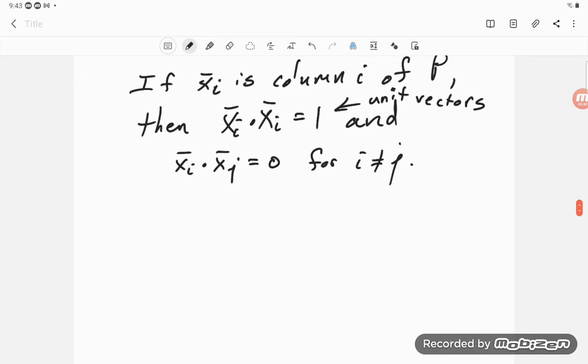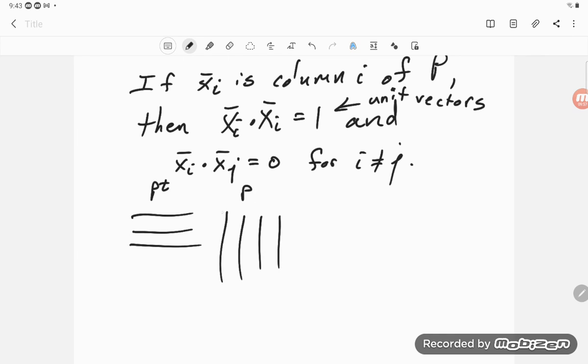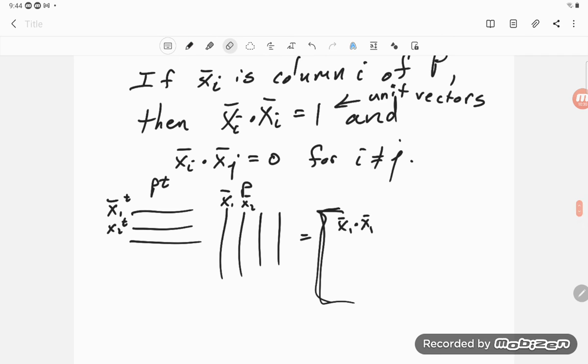And the proof of that really just looks at the idea of multiplying matrices. So if this is P transpose and this is P, this is our x1, our x2 column, and so forth. This is x1 transpose, x2 transpose, and so forth. When I do this matrix multiplication, the 1,1 entry up here is x1 transpose times x1, or x1 dot x1.